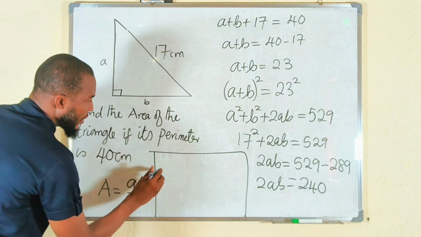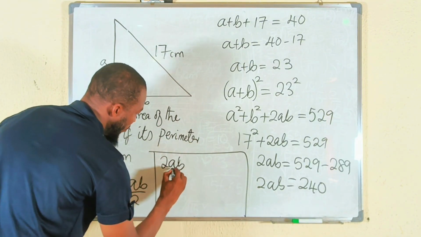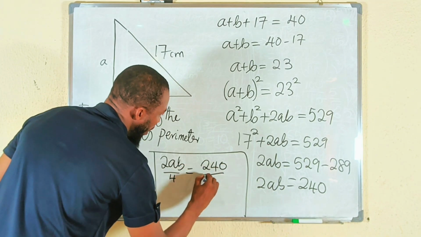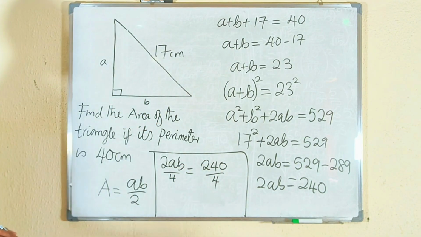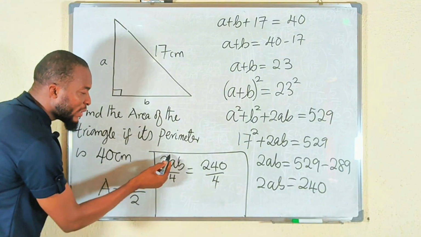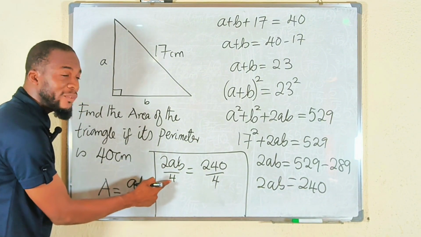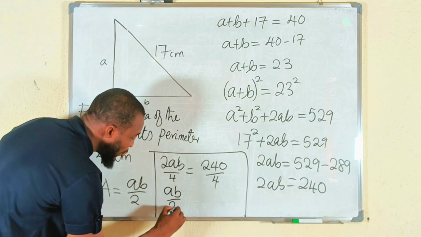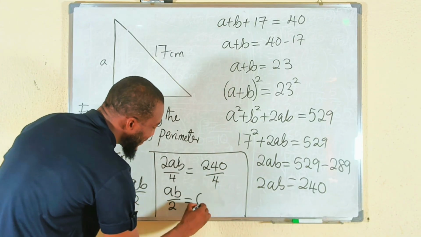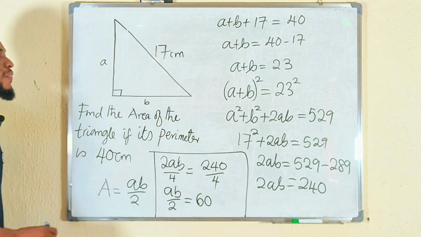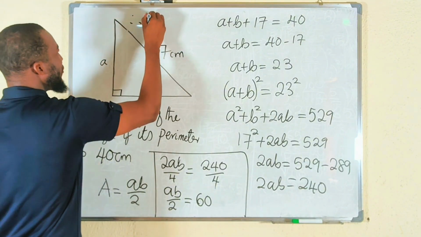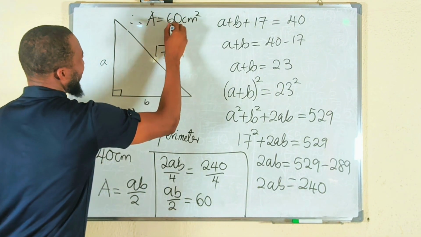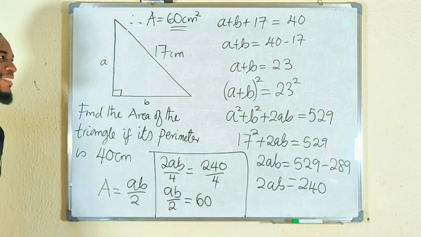If we divide 2AB by 4 and divide 240 by 4, can you see that 2 will divide 2 one time and it will divide 4 two times? So we have AB divided by 2 equals 60 exactly. Therefore, the area of this triangle is equal to 60 centimeters squared, as simple as that.